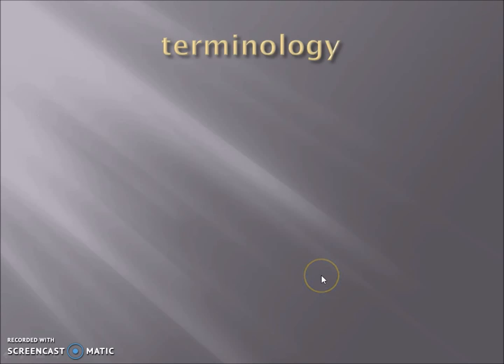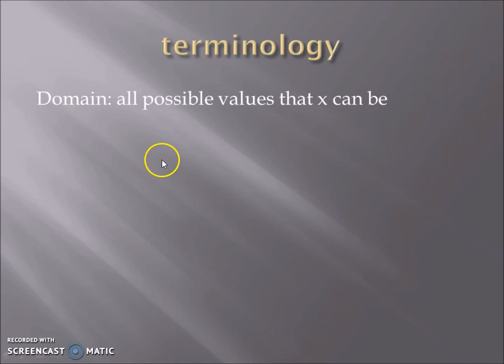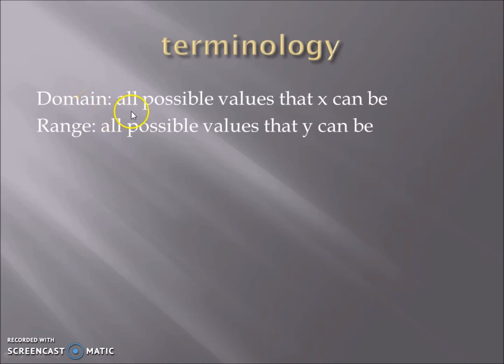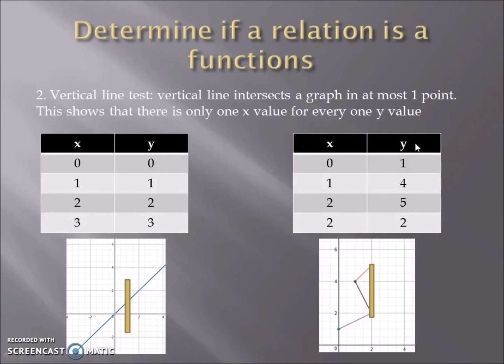Now, to cover some of the other terminology we need to know, like what's a domain and what's a range. Well, a domain is all the possible values that x can be, and the range is all the possible values that y can be. So if we look back to our graphs here, for this line that goes infinitely, by the way, we can see that there are multiple x values, which are 1, 2, 3, 4, 5, and it keeps going for infinite amounts.